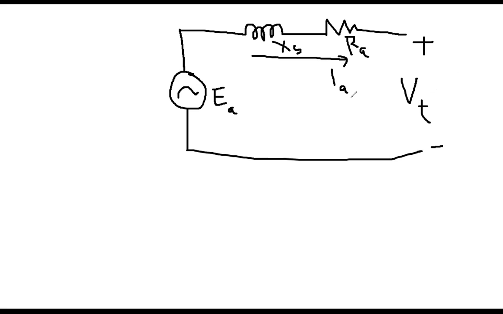Today, because I will be discussing the synchronous motor, the current flow direction will be from this side to this side. So this will be your direction of current, not this one, so I will eliminate this. That is the motor.